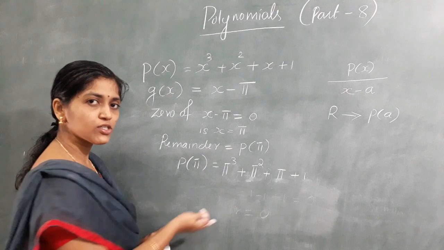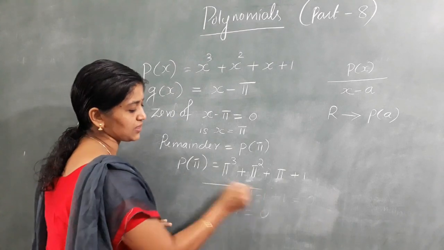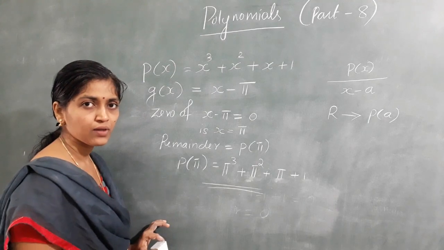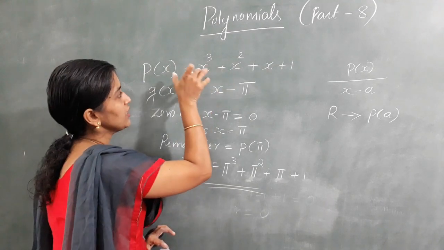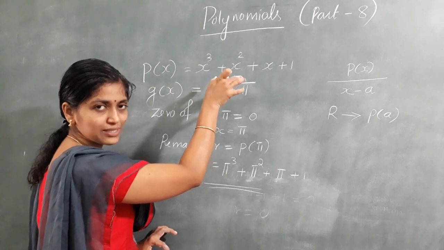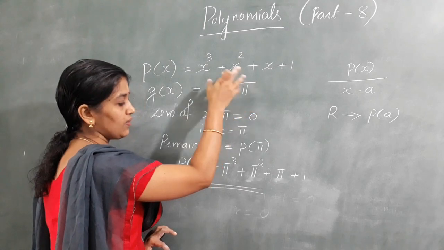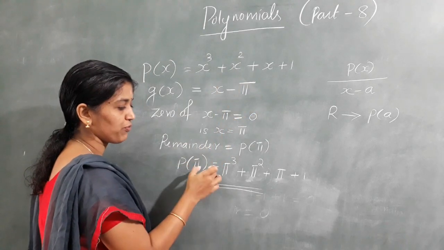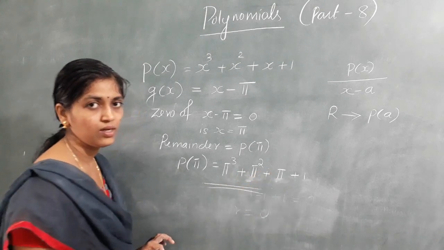Is it possible for us to reduce it to a lower form? No, we will keep it as such. So when this polynomial p of x is divided by g of x is equal to x minus pi, the remainder is p of pi, which is pi cube plus pi square plus pi plus 1.